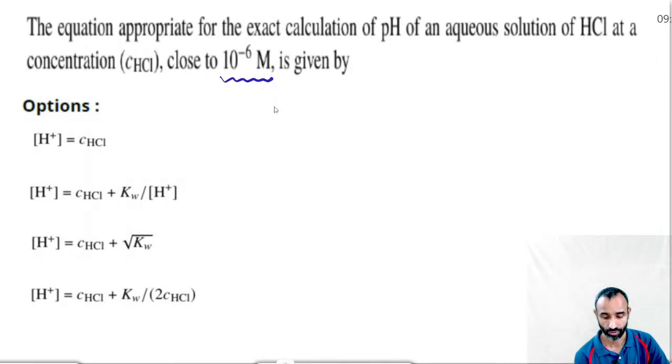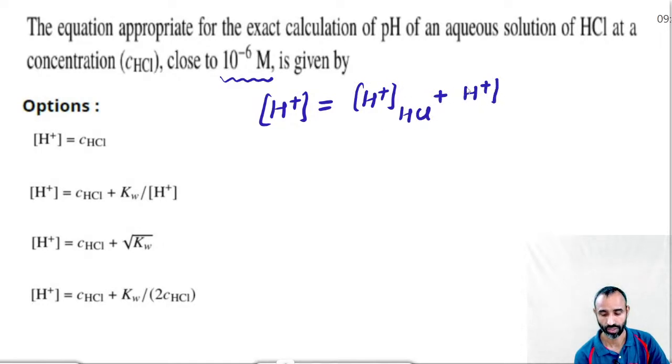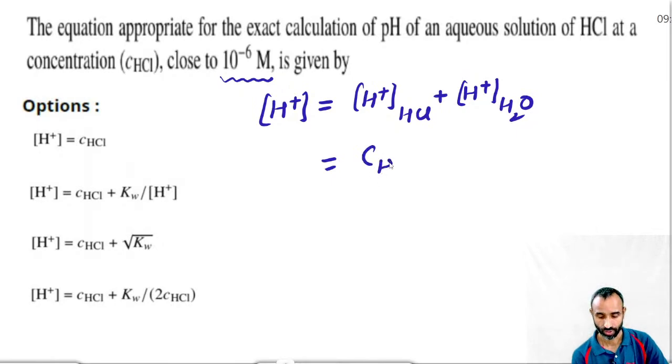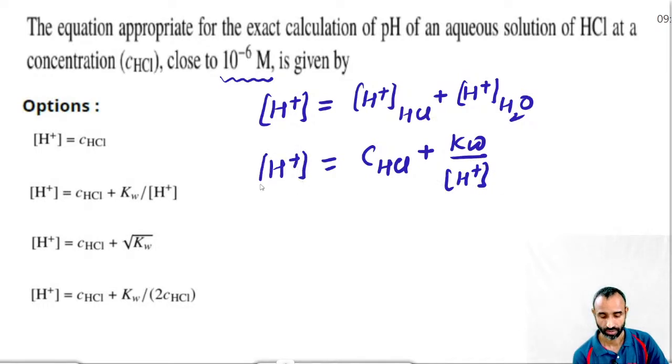So again, H plus ion concentration is equal to concentration of H plus ion from HCl plus concentration of H plus ion from water. Same question. So this is concentration of HCl, and what is concentration of H plus ion from water? It is ionic product of water upon concentration of H plus ion. That means this option is correct.